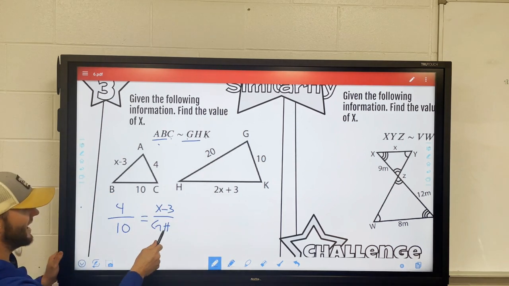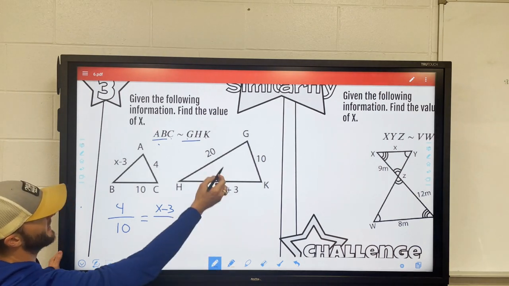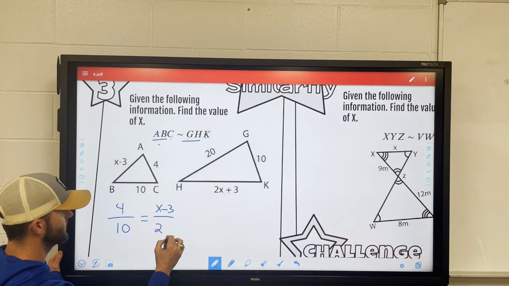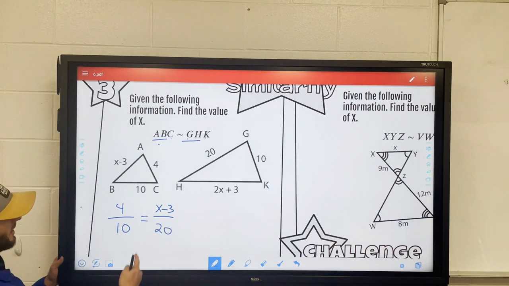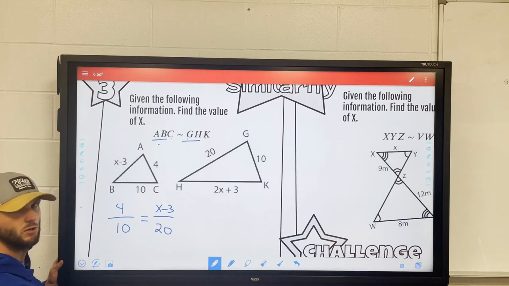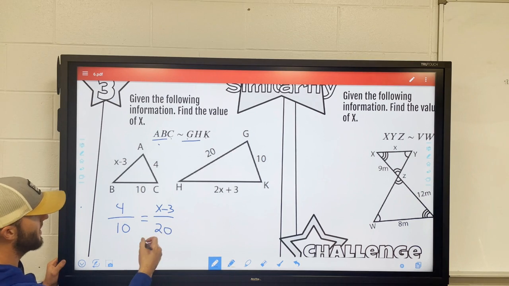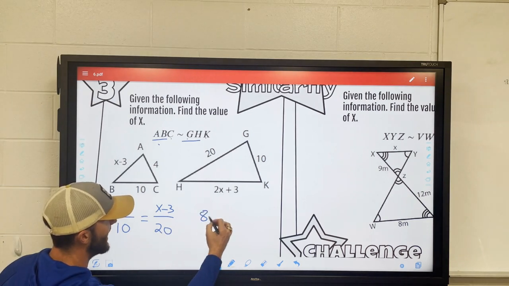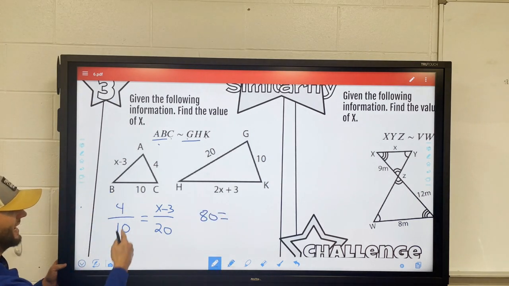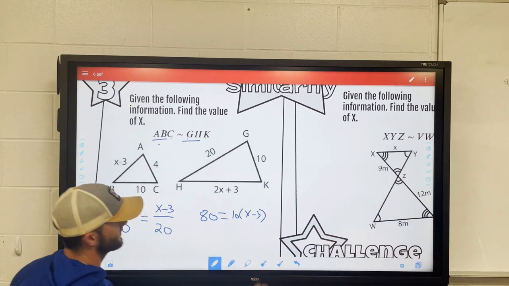And then GH is going to be 20. So now I can cross multiply to make the two equal to each other, okay? So I'm going to do 4 times 20, which gives me 80. And then I'm going to do 10 times X minus 3.